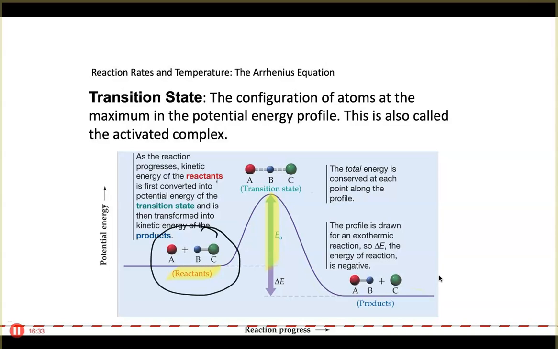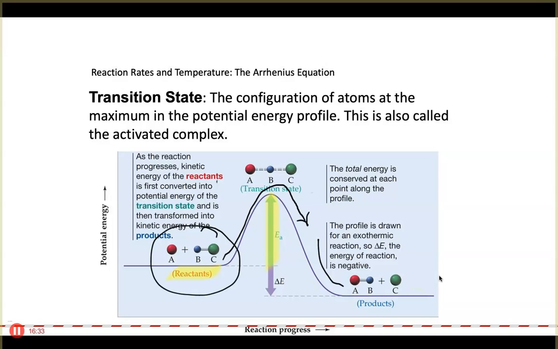If my reactants are moving too slowly, they might start up this hill but never reach the top if their kinetic energy is too low. Well, they'll just fall back down and nothing happens. However, if my reactants have enough energy when they collide, so a higher temperature or higher average kinetic energy, they can get over this barrier and then flow down, energetically speaking, to form the products.